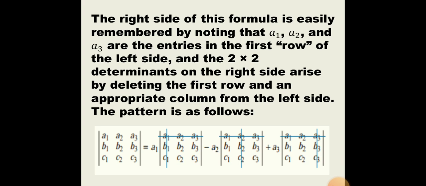And then for a sub 3, since we are deleting the column aligned with a sub 3, we have b sub 1, b sub 2, c sub 1, and c sub 2 as the value for our a sub 3.